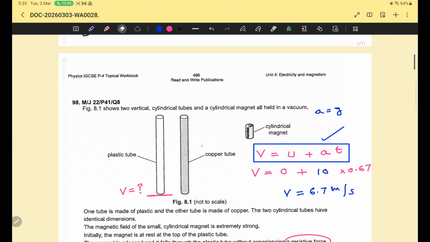Actually, consider the magnet is here. This is a magnet rod. You know, a magnet rod is generating magnetic lines of force. And initially, no magnetic line is passing through the copper tube.